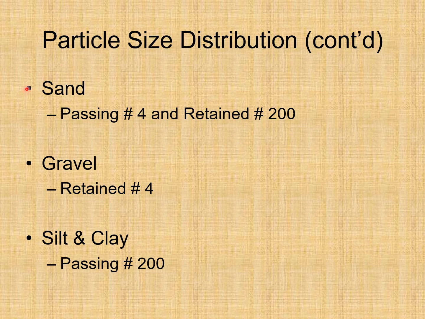We know that sand is that material that will pass through sieve number 4 but will retain on 200 sieve. Gravel is that material that will retain on sieve number 4, and silt and clay, which are also known as the fines, are just passing number 200.